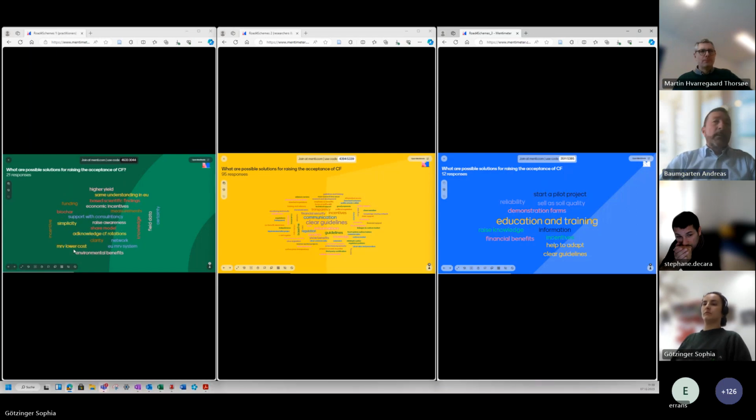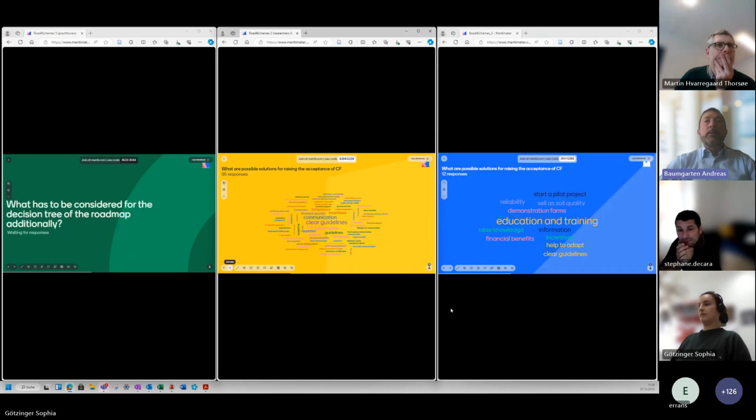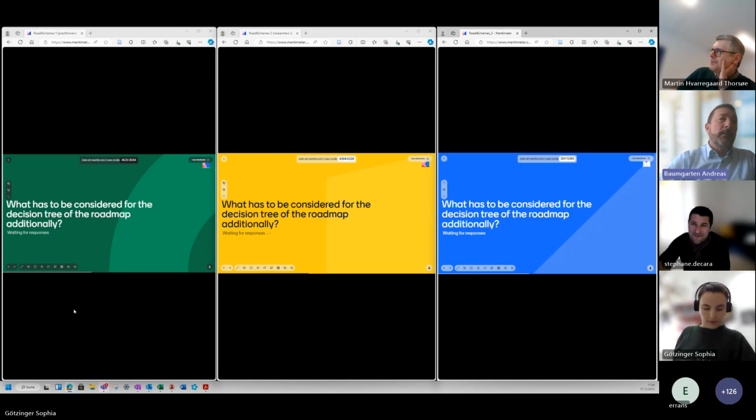So, and there is still one more word cloud question. So you are used to it at the moment, and I'm convinced that there will be very interesting answers once again. So we have shown this decision tree to you, and I hope you still have something in your mind with respect to this roadmap, this decision tree.